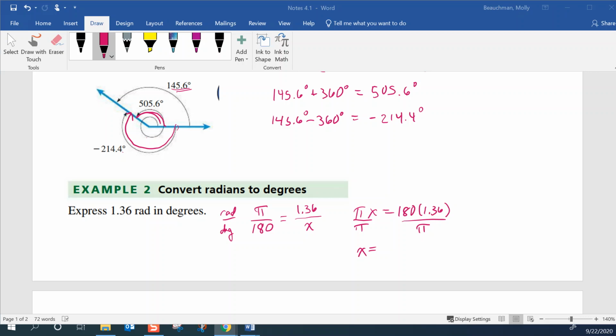We end up with 77.9 degrees. Okay, and use pi, use your calculator. You can estimate it with 3.14, but there's a pi key on your calculator, so you can use it not rounded.